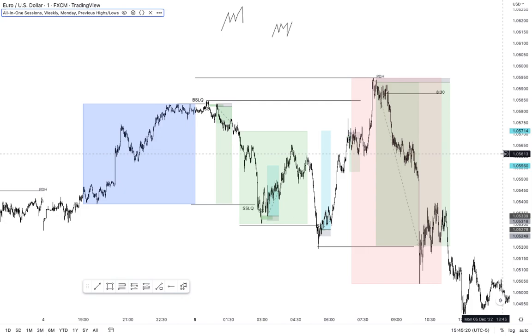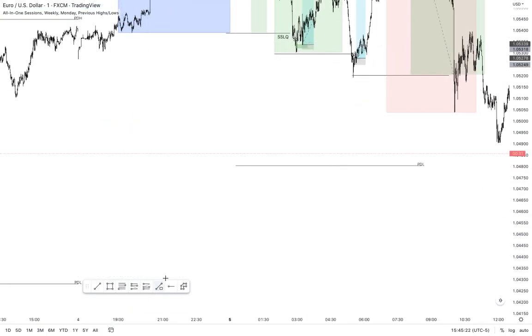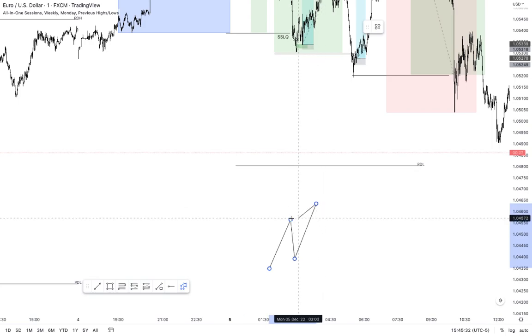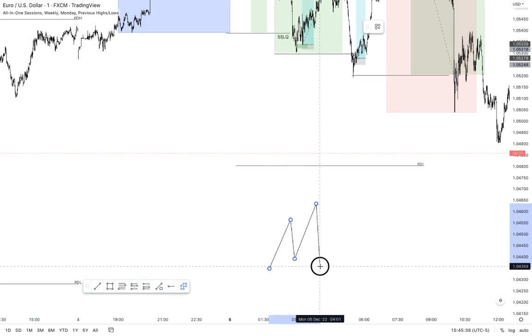What they do, which is our second entry model that I will teach on Wednesday, is, let's say this was a 15-minute high. Okay, and now they would consider this as a liquidity swept. And okay, now this is breakout market structure.